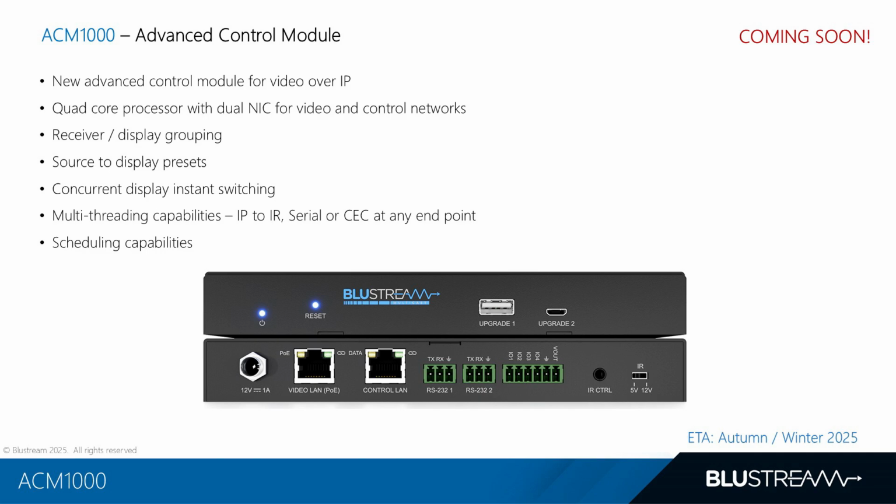And lastly, automated scheduling. Here we can program time-based switching events, enabling AV environments to run effortlessly in sync with class schedules, meeting times, or digital signage updates. With the ACM1000, integrators unlock an entirely new level of power, automation, and responsiveness across their Blustream IP infrastructure.